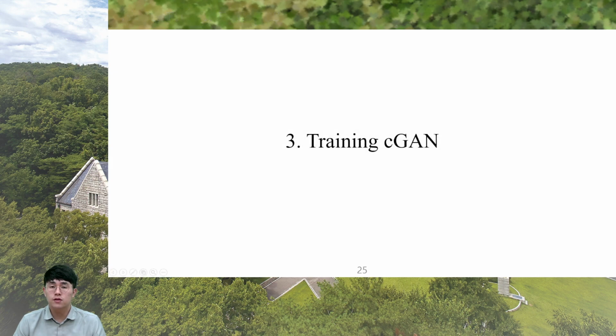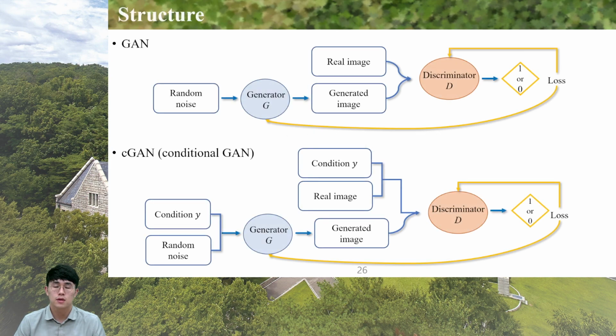So the conditional GAN, or cGAN, was created to compensate for GAN's shortcoming. cGAN is a model that trains by providing classification information about the generated image, supplementing the existing GAN model with category information.